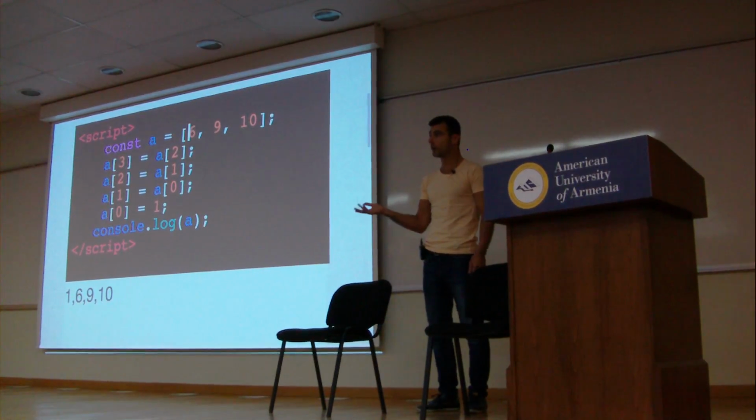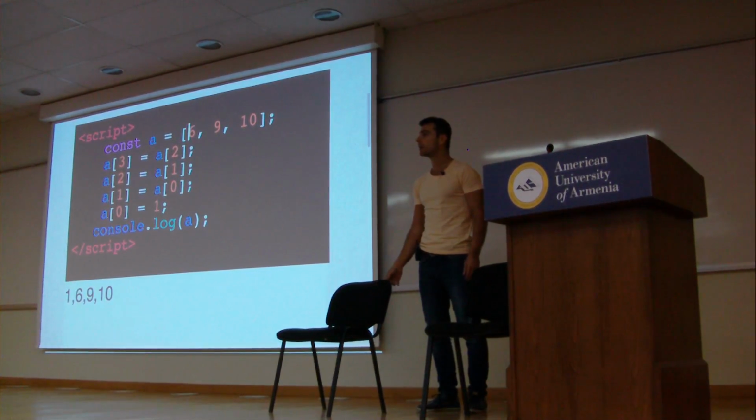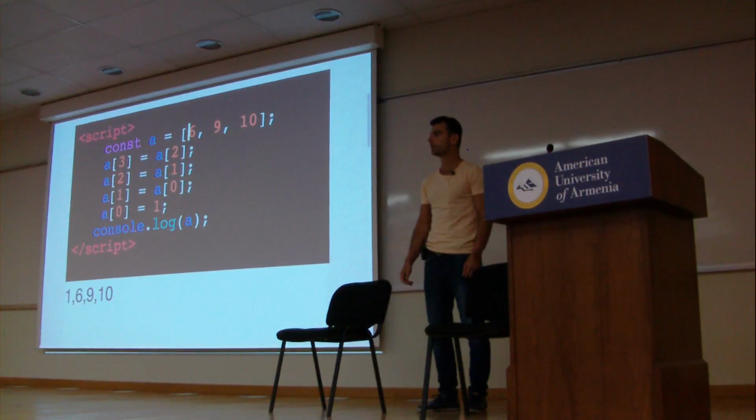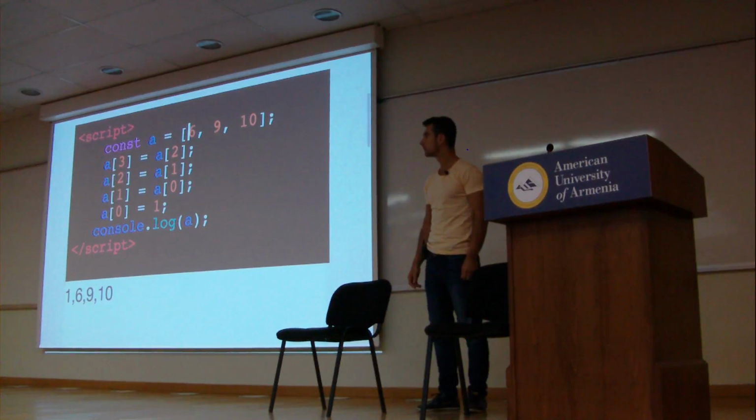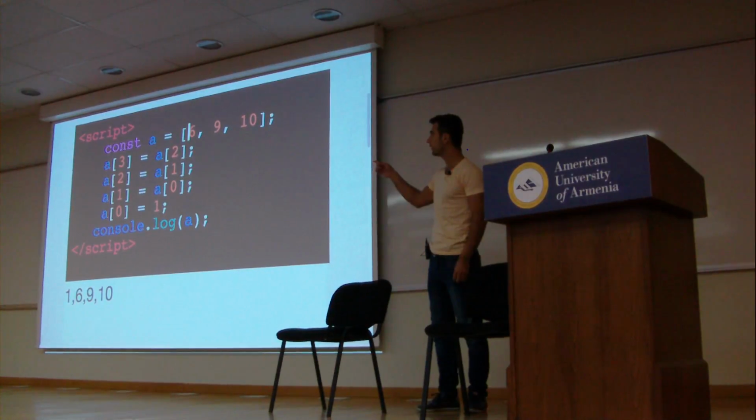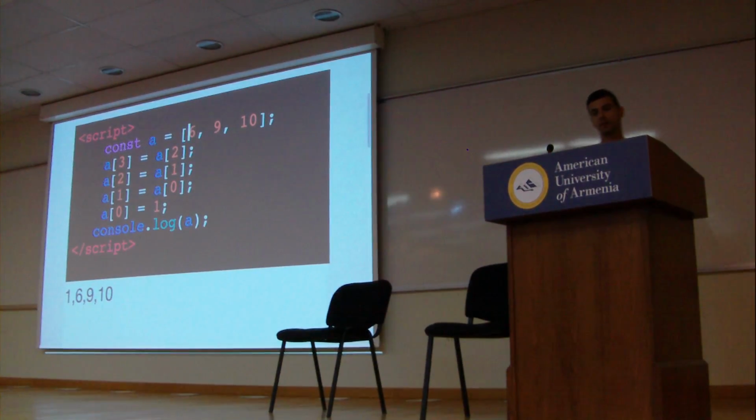If we write A of 1 equals 1, for example, what happens with the former A of 1? Is it replaced? Disappears. But it's still in the first line of the array. When we write this way, we still have the const A equals 6, 9, and 10. Until you change the contents of A, you still have it in the code. Right.